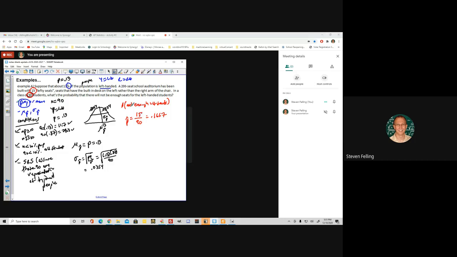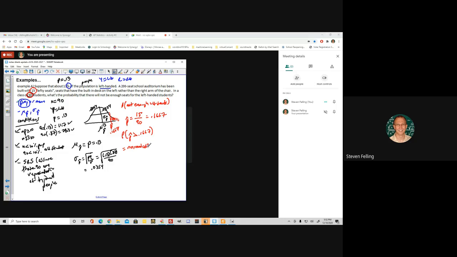So for us not to have enough seats, it would mean that we're finding the probability that the p hat for any particular class is greater than that 16.67%. Right, so that means that somewhere over here above 13%, there's a boundary value where this particular class is something above 0.1667, and that means the probability we can find with our normal CDF function, because we've gone through the conditions to say that this is a normal shape.